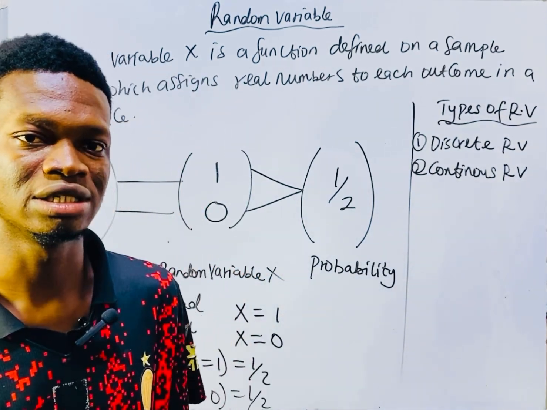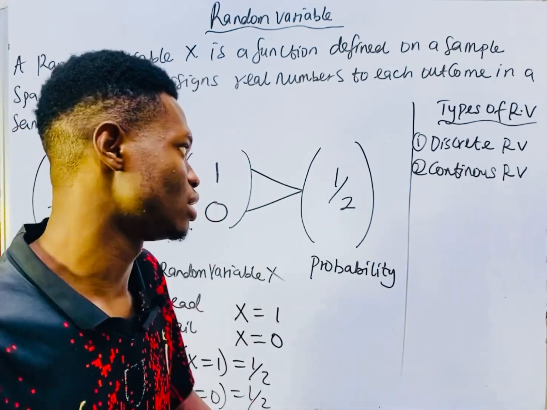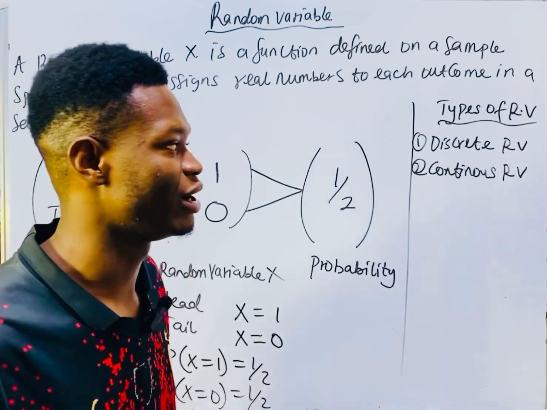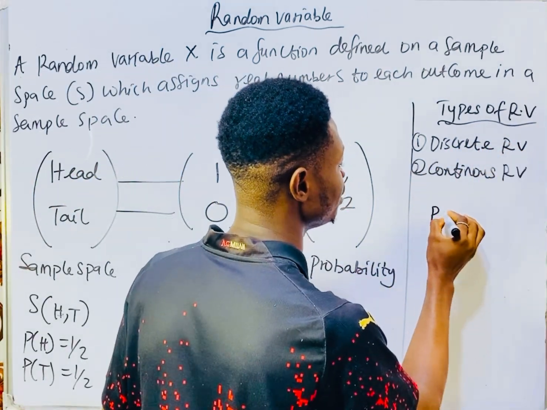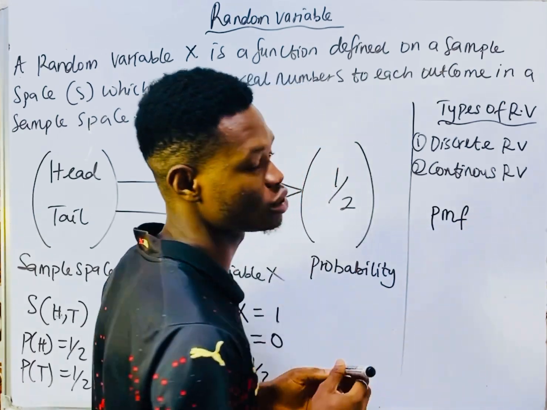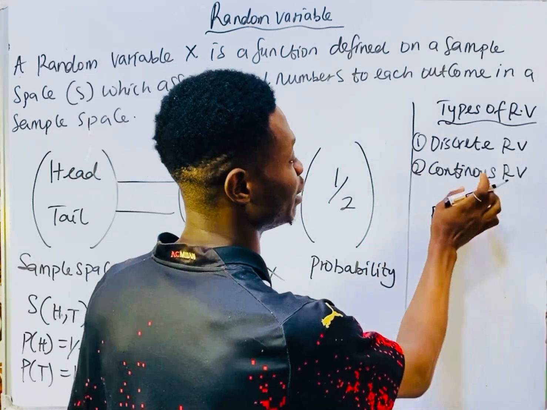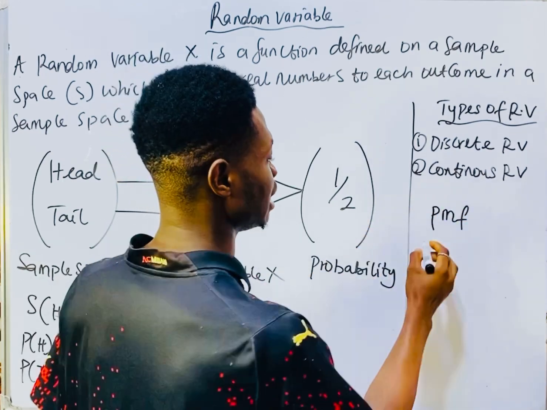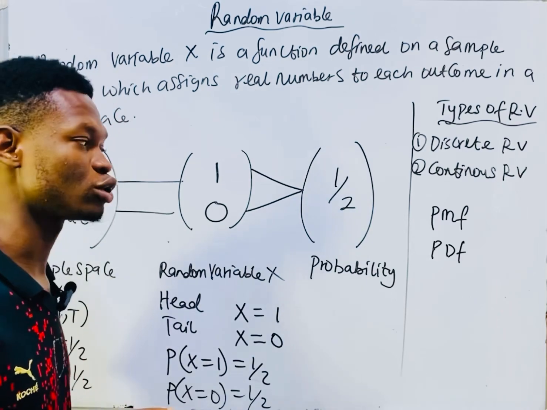It is defined. So that's an example of a discrete random variable, and it deals with the PMF, that's the probability mass function. Now a continuous random variable is infinite, and it deals with the PDF, which is the probability density function.